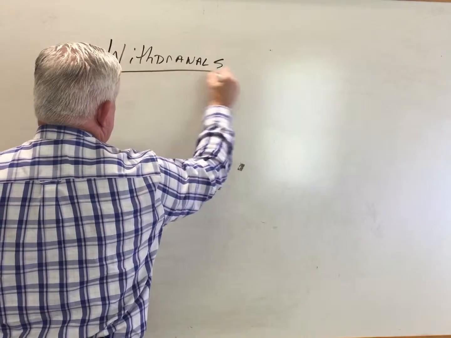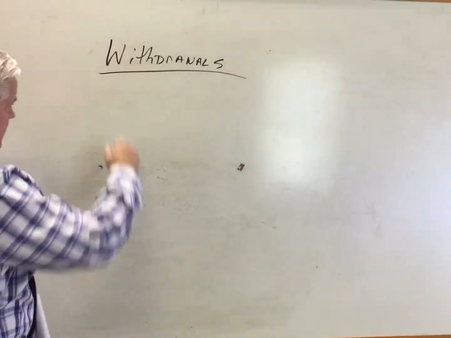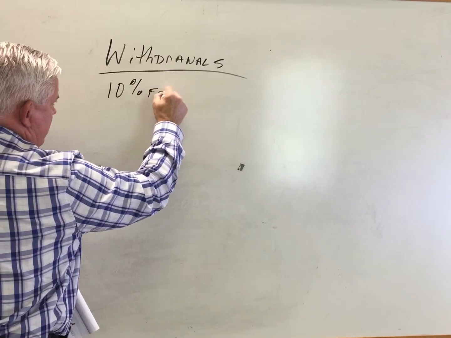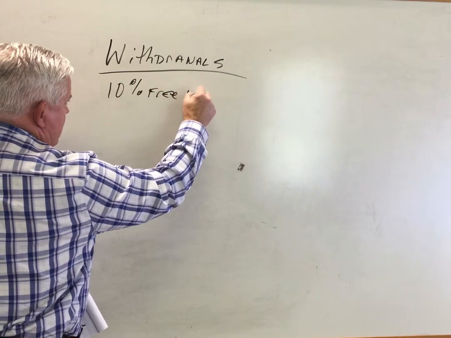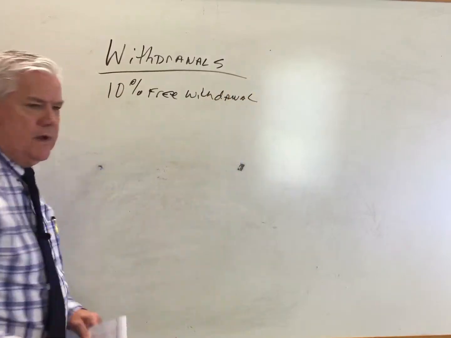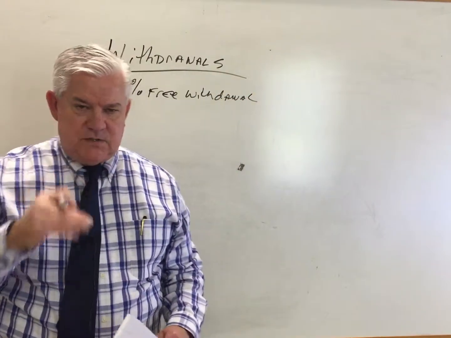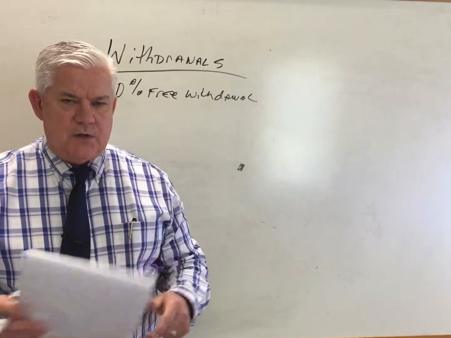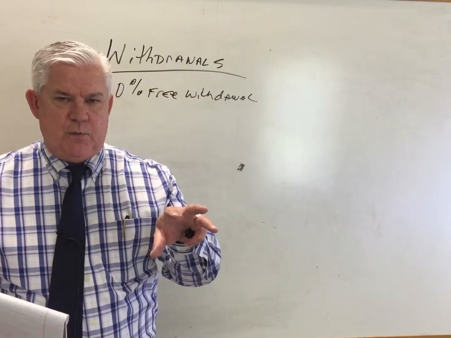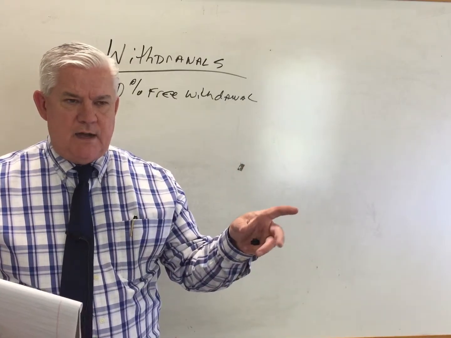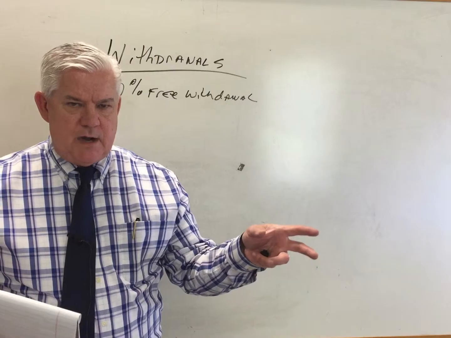Basically you can get 10% free withdrawals. What I mean by free withdrawals is there's a surrender charge period of time. You're going to be seeing this on the choice accumulation too. There's a 5-year product, a 7-year product, and I want to say a 10-year product.